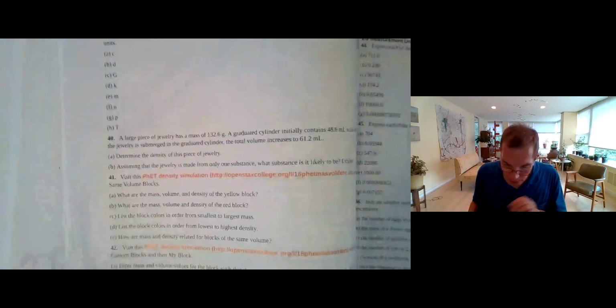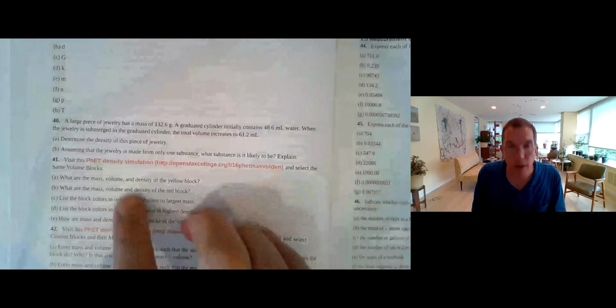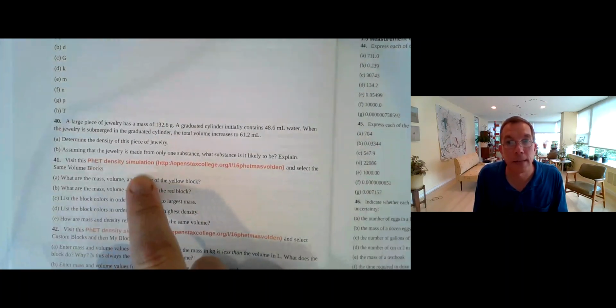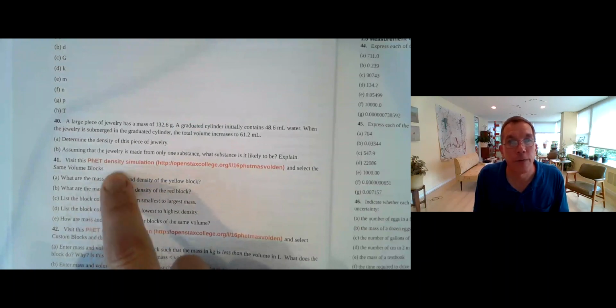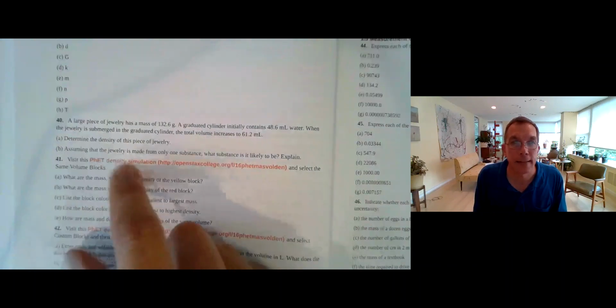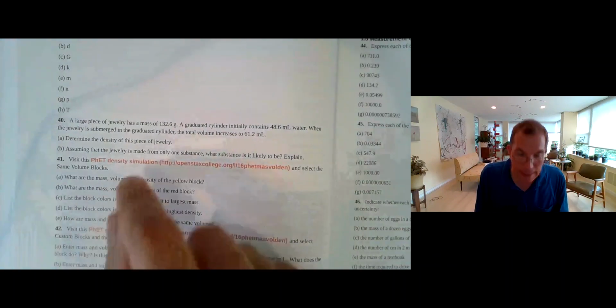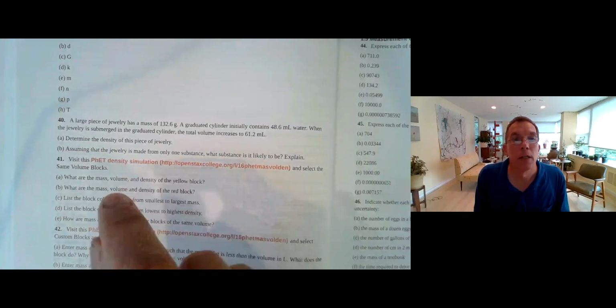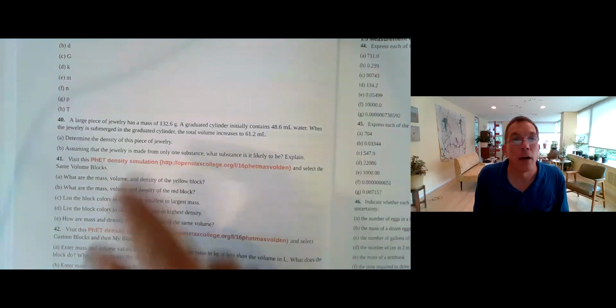And that would mean, going through here, I just happened to turn to this page, this visit the PhET Density Simulation. These PhET simulations are fantastic. And in the PDF of the textbook that I showed you in the previous video, there are direct links.